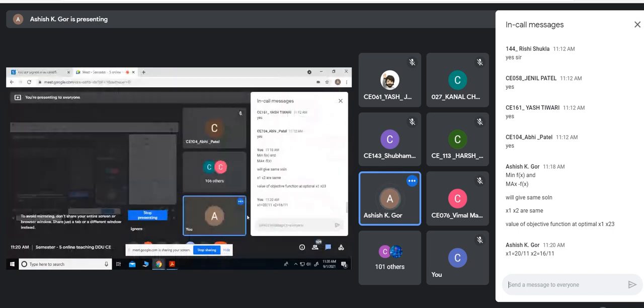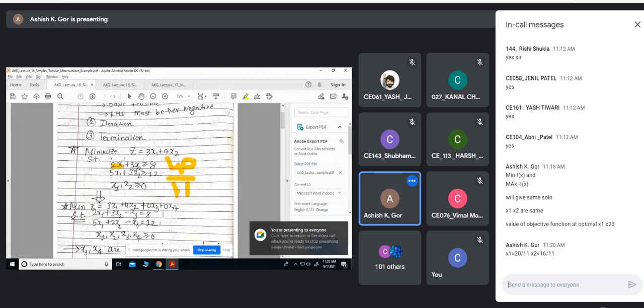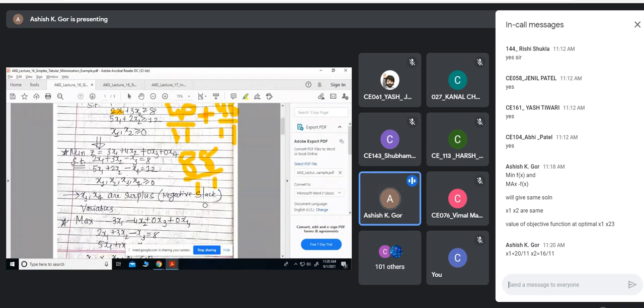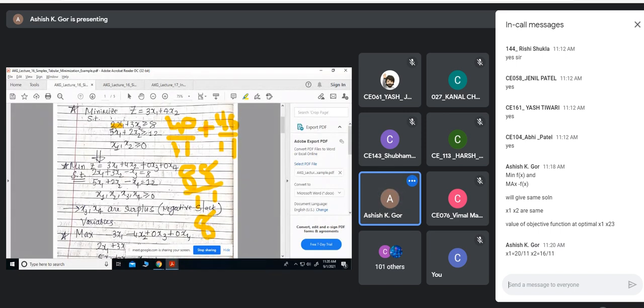And if you put x2 as 16 by 11, so 3 into 16, 48 by 11. And 40 plus 48 is 88 by 11, which means exactly 8. And 8 greater than or equal to 8 is correct.